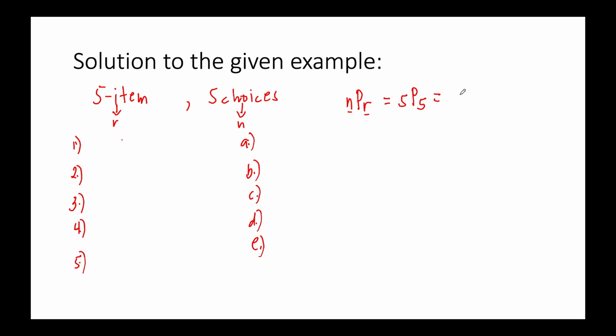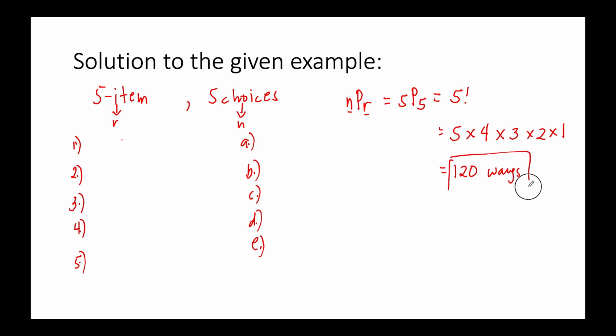So this is just the same as 5 factorial. So the answer would be 5 times 4 times 3 times 2 times 1, which is equal to 120 ways. So there are 120 possible answers that a student can have.